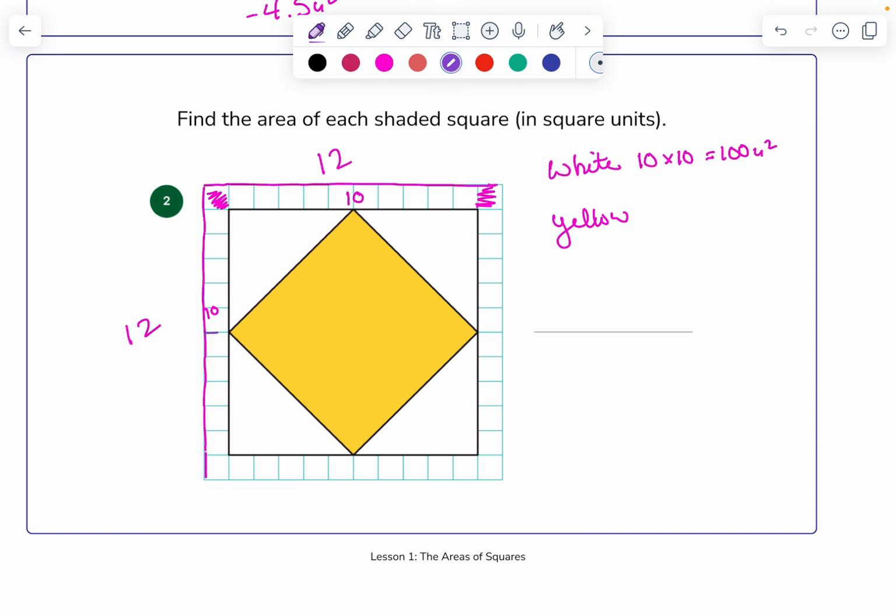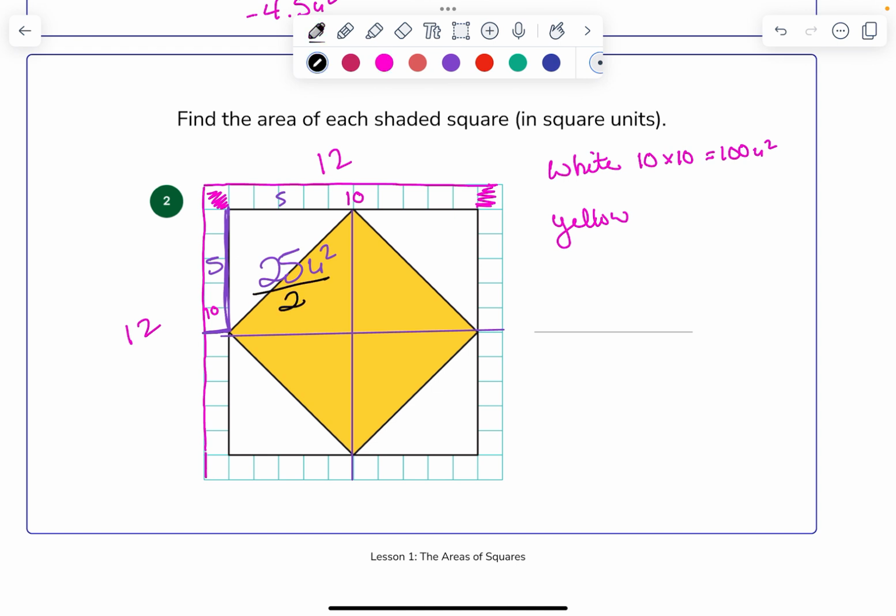Well, this is fun. I can see that this is a distance of 1, 2, 3, 4, 5. 5 by 5. And now we're cutting it into quarters. So if this is 25 units squared, the shaded part is going to be half of that.